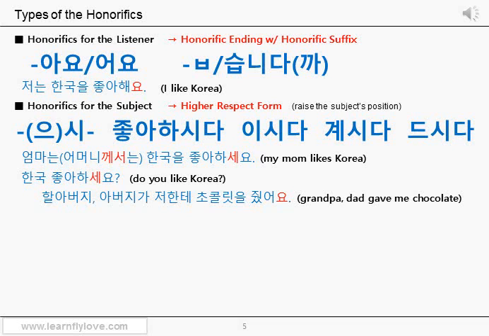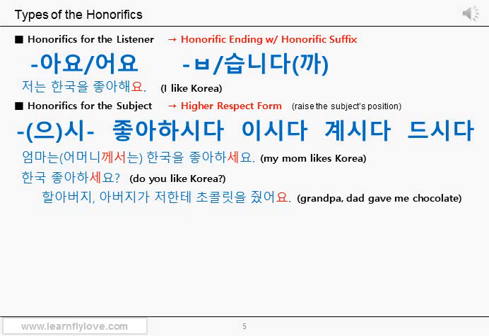So you need the honorific suffix 요 for your grandfather to sound polite, but you shouldn't use the higher respect form for the subject father, because grandfather is the father of your father. He's in the higher position and he doesn't want to hear the higher respect forms for your father or for the action that your father has done.